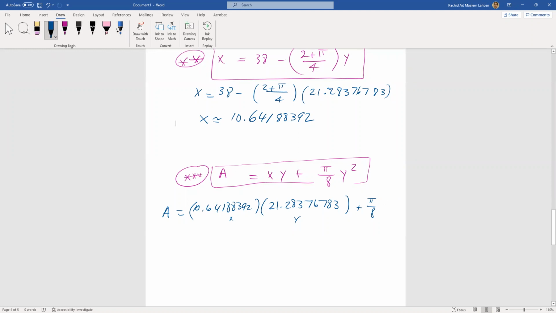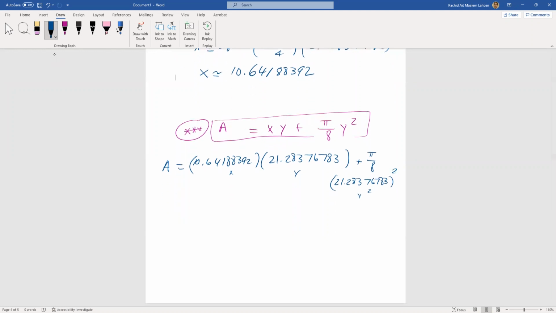It's a small space, so that's a y squared there. And it comes up to be 4.439 meters squared.